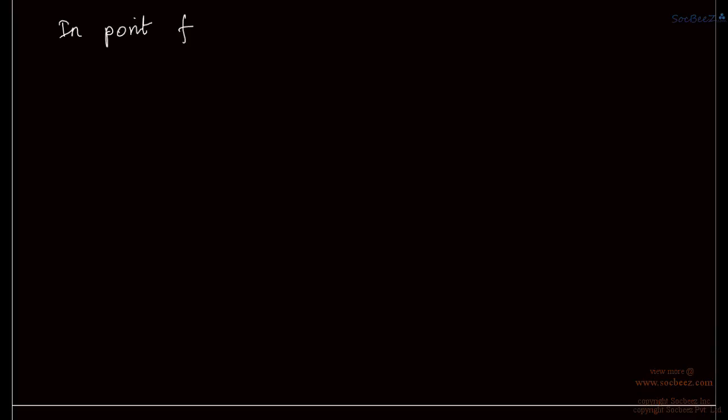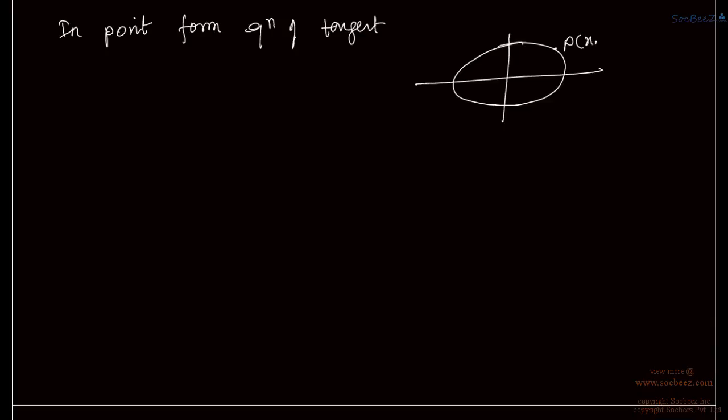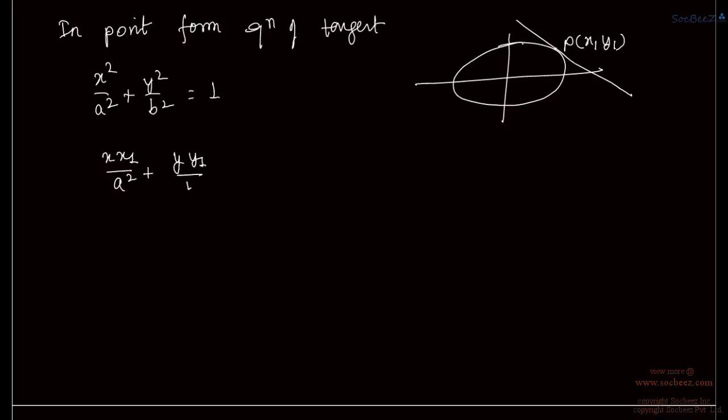Now in point form, the equation of tangent to the ellipse at point P (x1, y1): in place of x square we substitute x1, and in place of y square we substitute y1. So x x1 upon a square plus y y1 upon b square is equal to 1. This is the equation of tangent in point form.